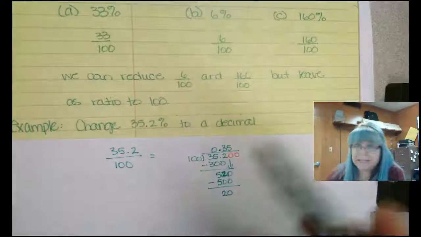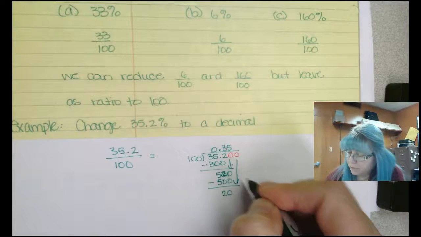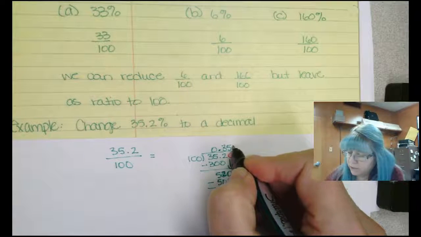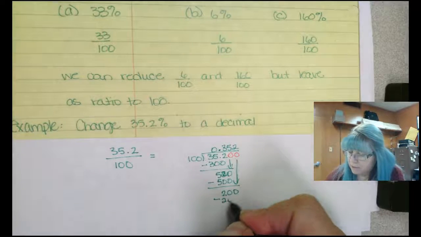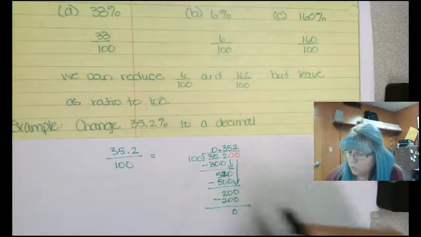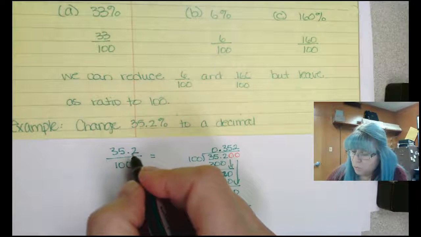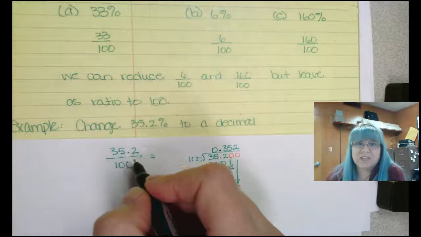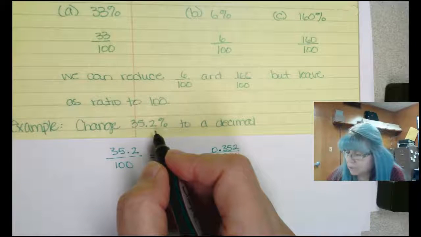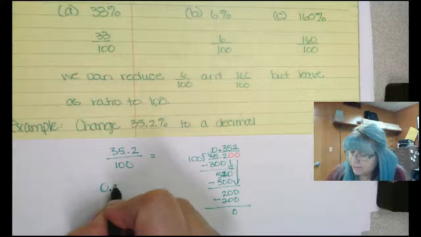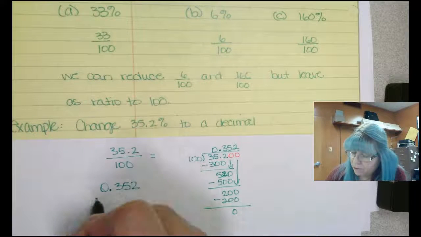Bring that next trailing 0 placeholder down. 100 goes into 200 2 times with no remainder, so we get to stop. So 35.2% written as a decimal is going to be 0.352.